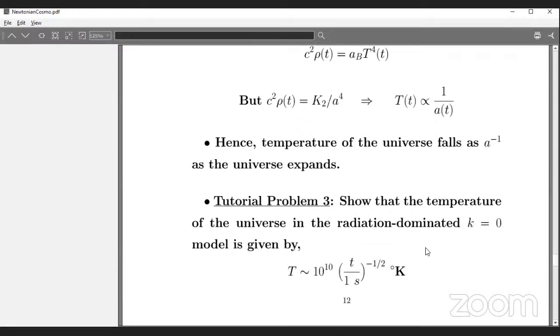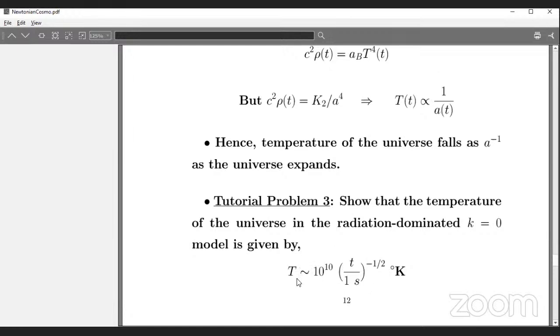The third tutorial problem is that from this relation, that temperature goes as 1 over A of t, and we have already proved that for radiation-like matter, A of t goes as square root of t, prove this result. That is called the time-temperature relation.